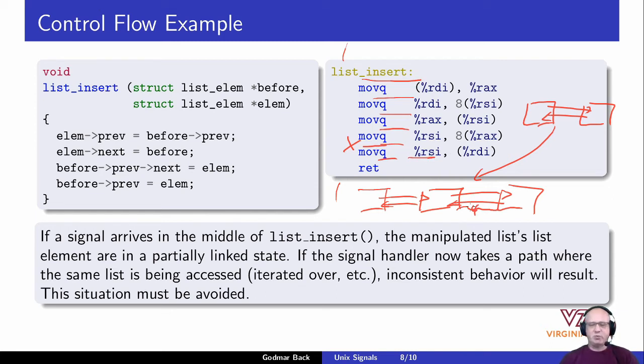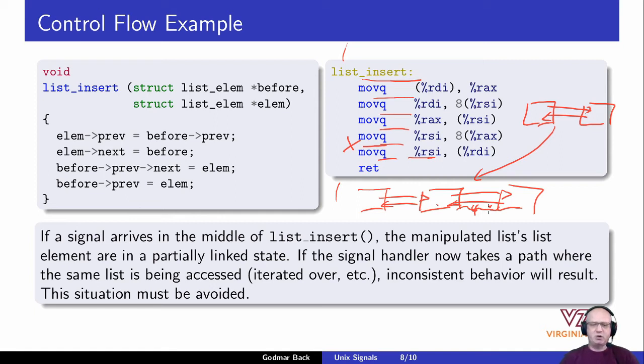Now imagine at this point in time, a signal handler function is called, and that signal handler, for whatever reason, needs to access that same list that has an element being inserted. Suppose it iterates through that list. It would not find this element because this pointer here has not been set.